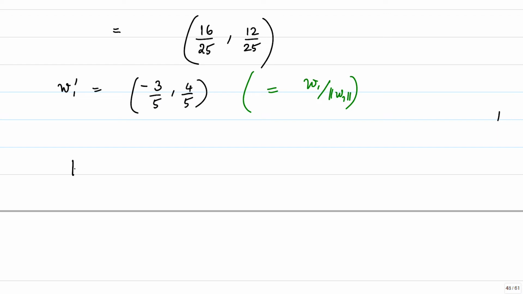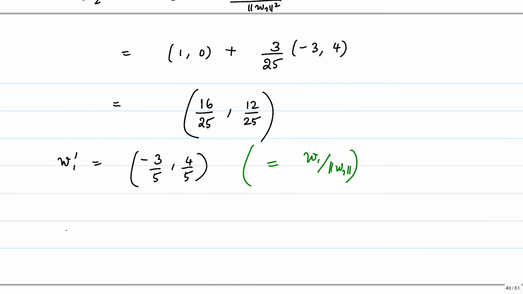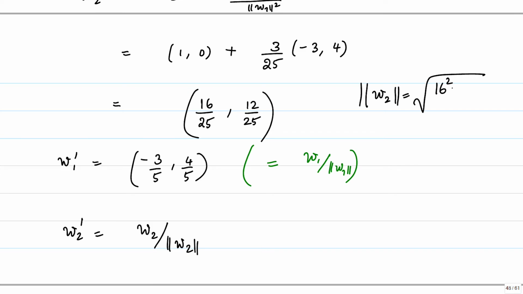Okay, so let's next calculate W2 prime, which is W2 by the length of W2. Let's see, what was W2? W2 was, let's recall, W2 is right here. So what is the length of W2? This is just square root of 16 squared plus 12 squared by 25 squared, which is equal to 20 by 25, which is equal to 4 by 5.